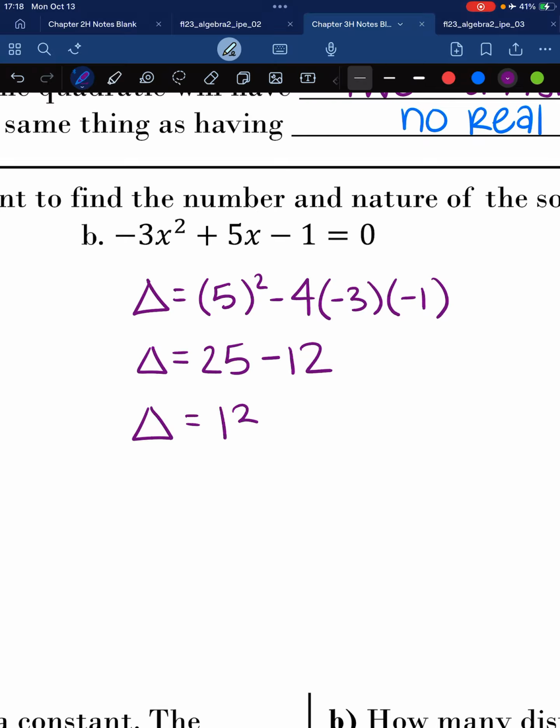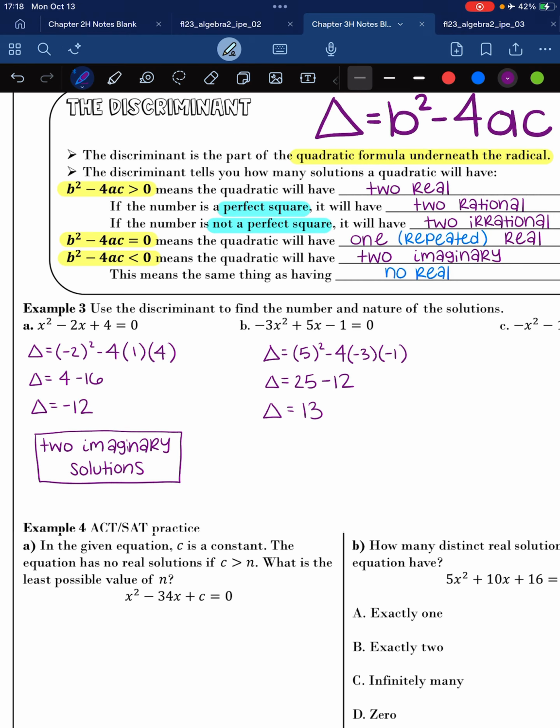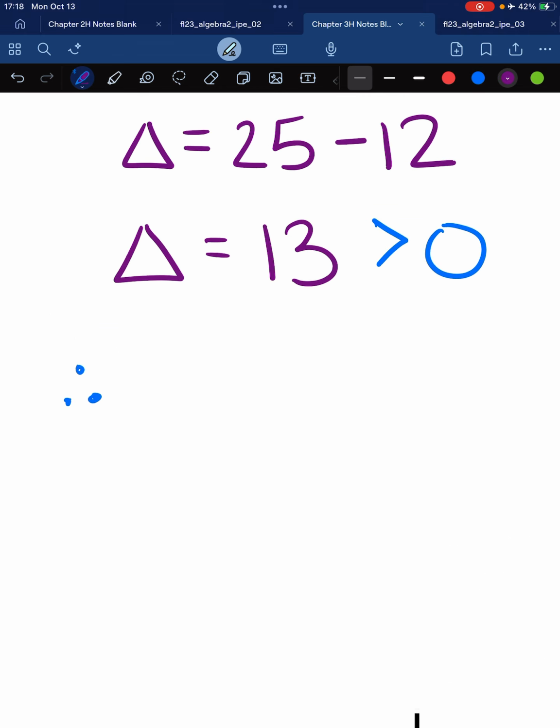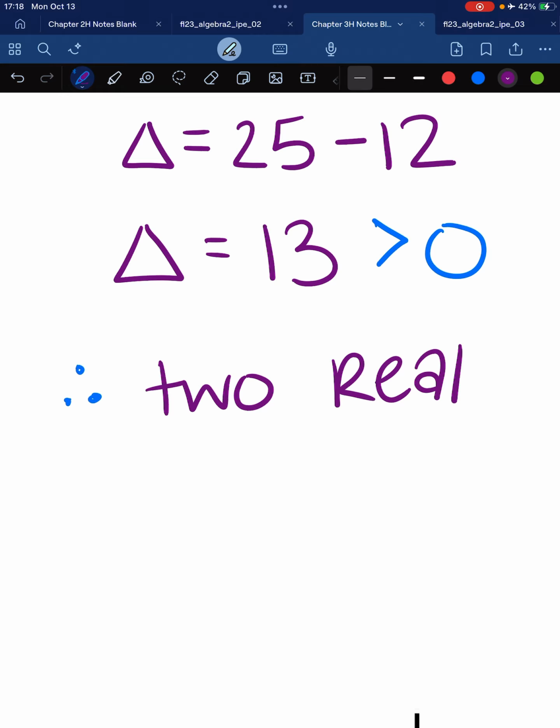It just includes what's underneath the square root. And I guess maybe on this last one I should have said that the discriminant is less than 0. Therefore, there are 2 imaginary solutions. 13 is greater than 0. Therefore, we have 2 real solutions.